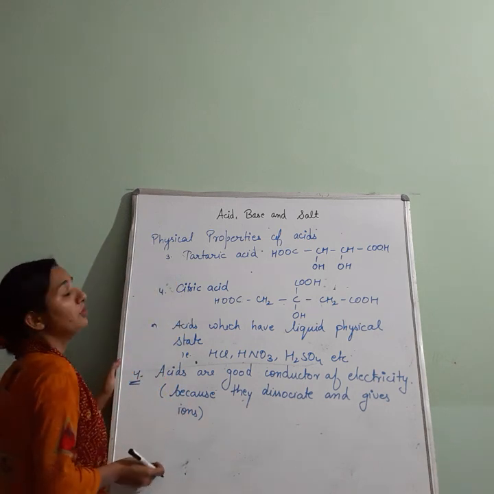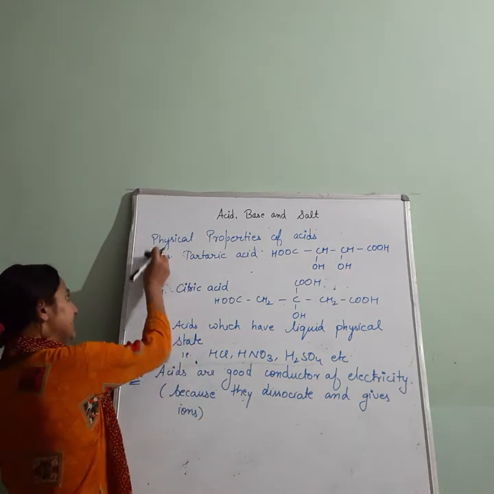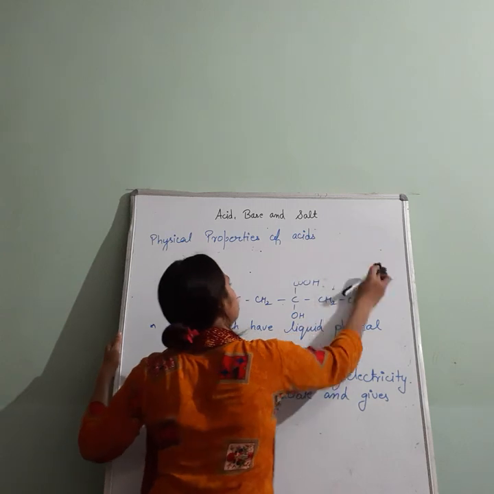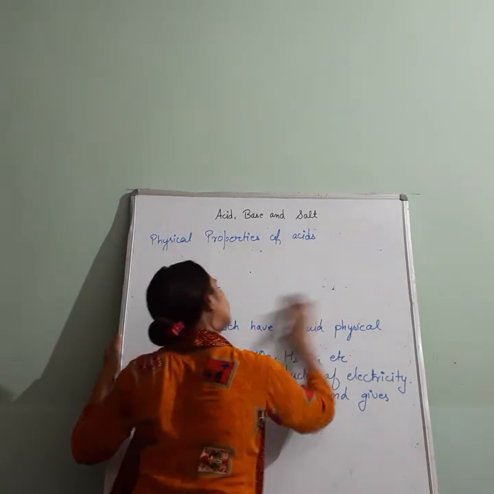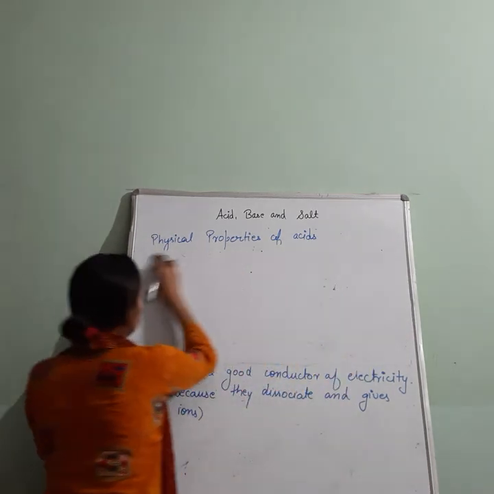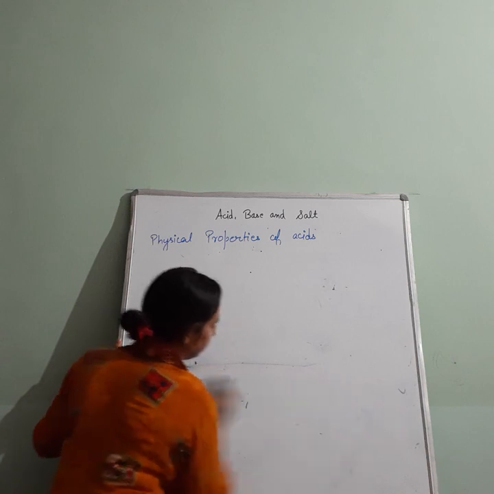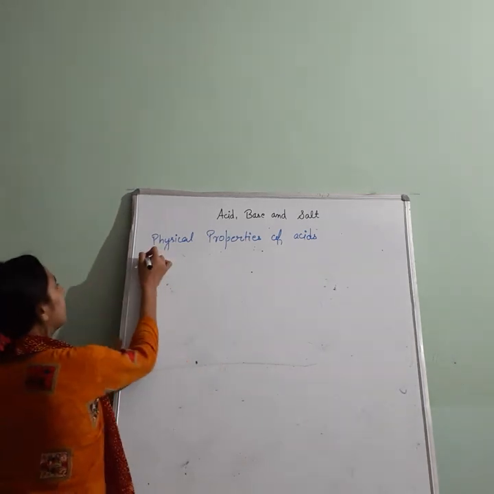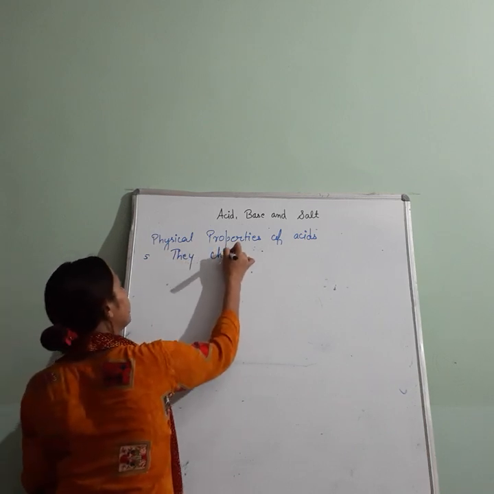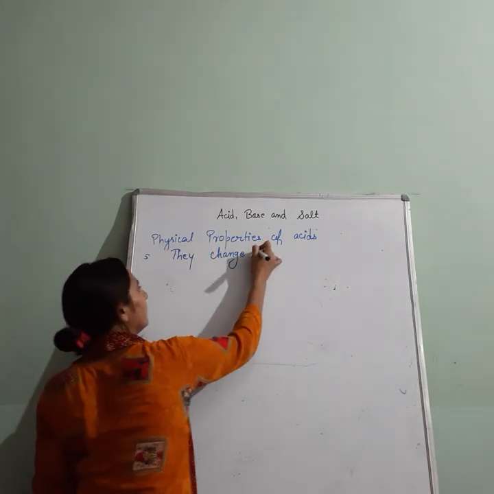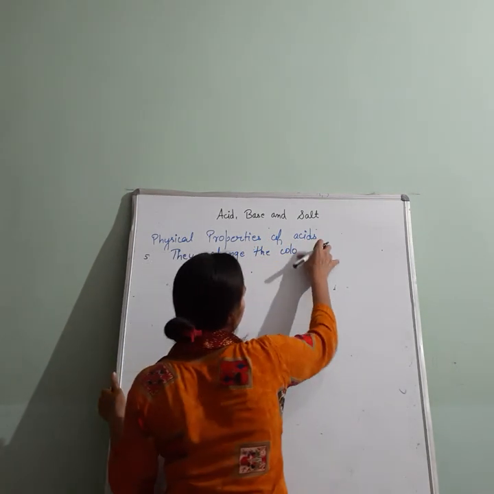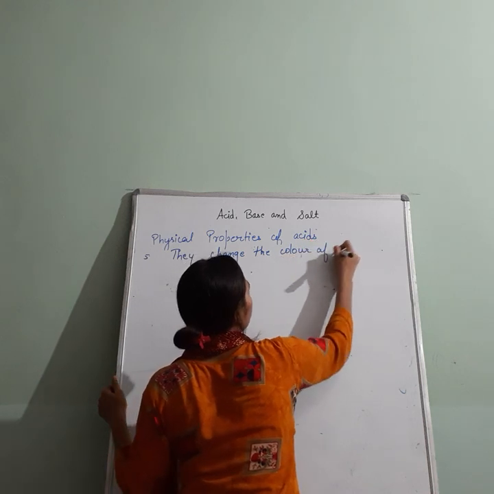And the last physical property of acids is that they change the color of indicators.